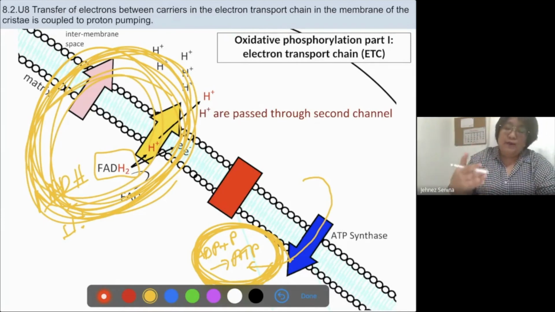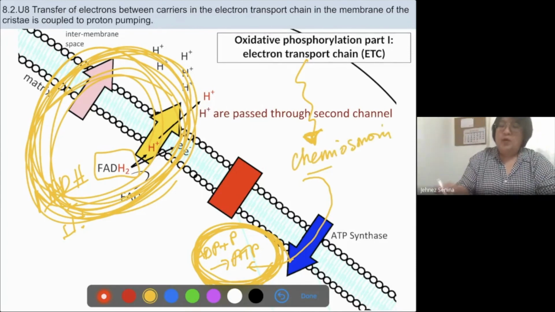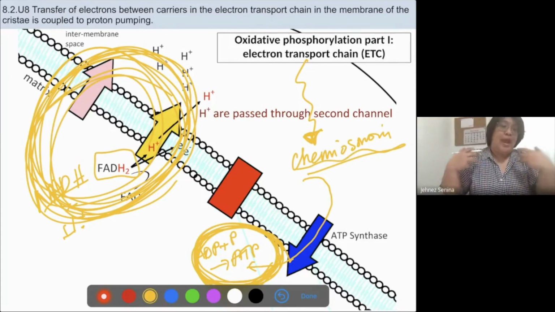And in oxidative phosphorylation, what is the mechanism? In case that's asked on the test, the mechanism is called chemiosmosis. We form ATP through chemiosmosis, or movement of these protons. Questions? This is recorded, you can review.